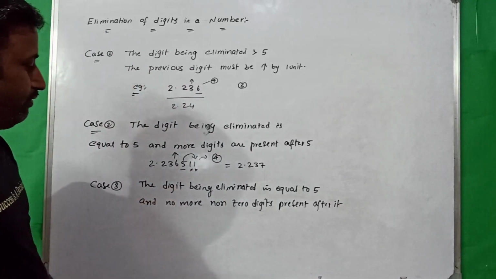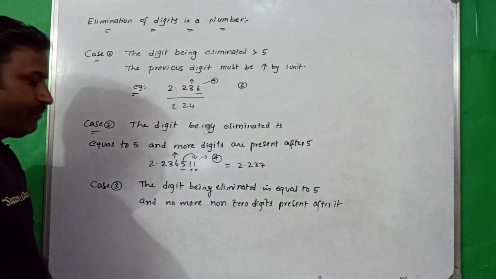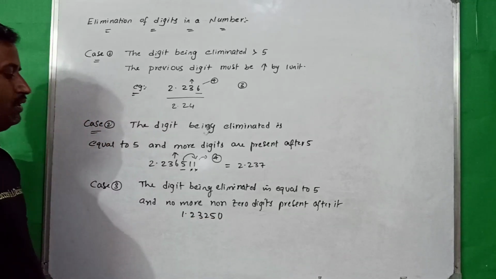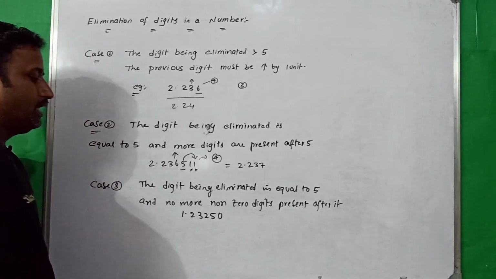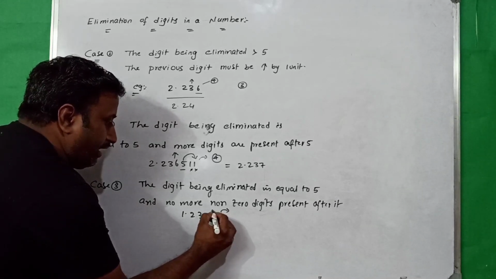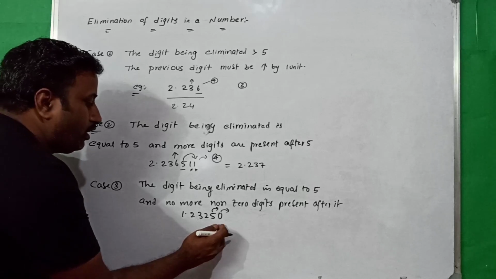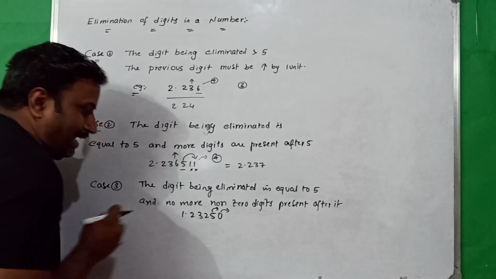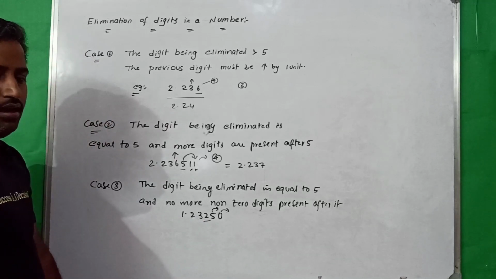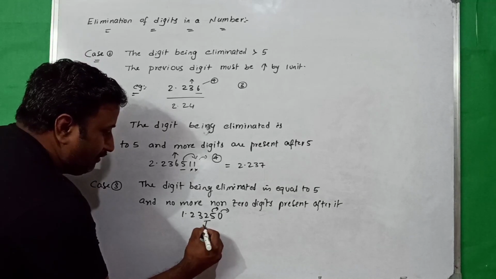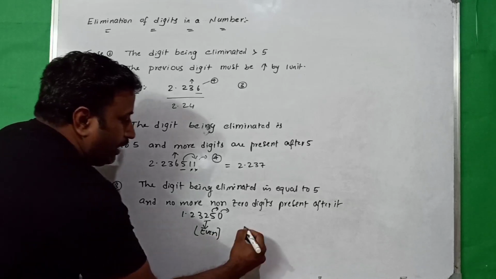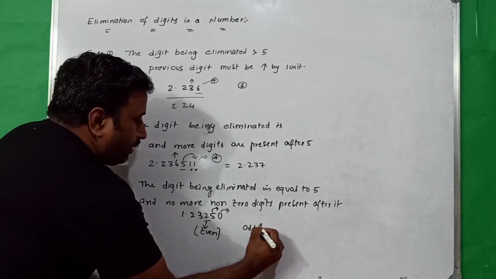Example, 1.23250. So total number of significant figures is 6. I asked to write this in terms of 4 significant figures, then 0 is being eliminated and 5 is being eliminated. Then you need not raise directly; you have to check the previous digit whether it is even or odd. The previous digit, if it is even, no need to raise. If it is odd, then we have to raise it by 1 unit.